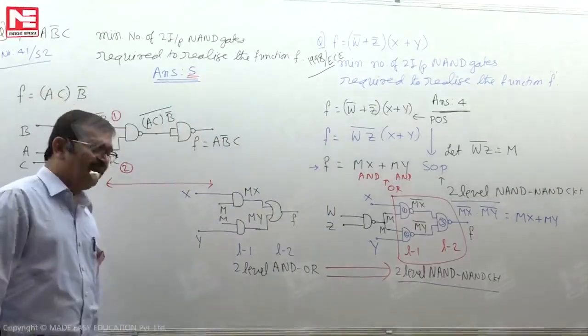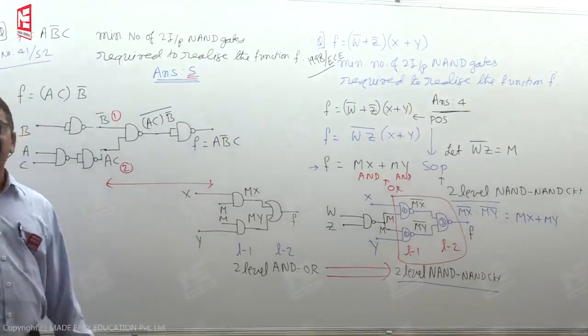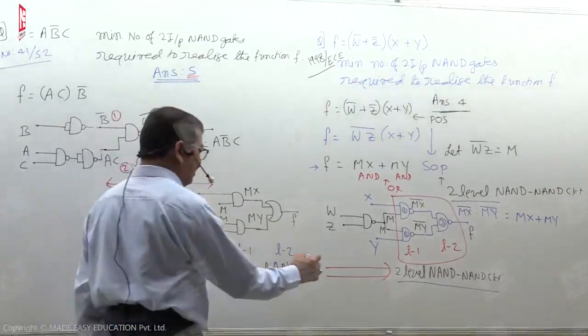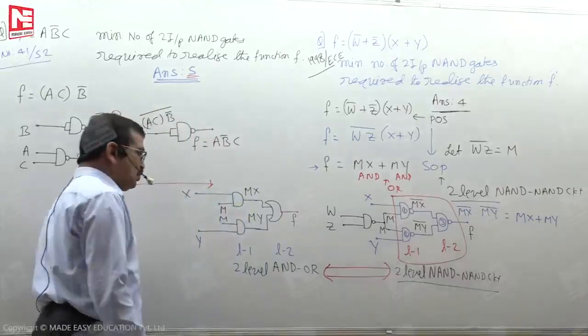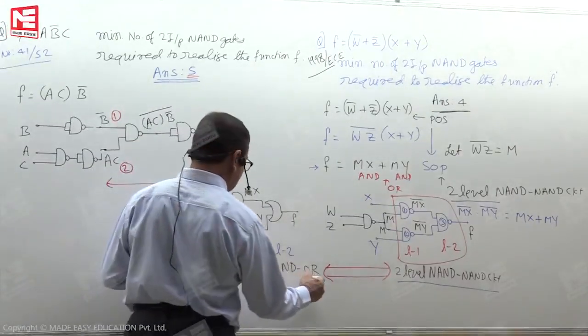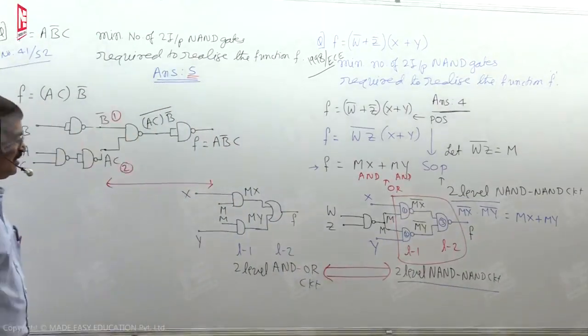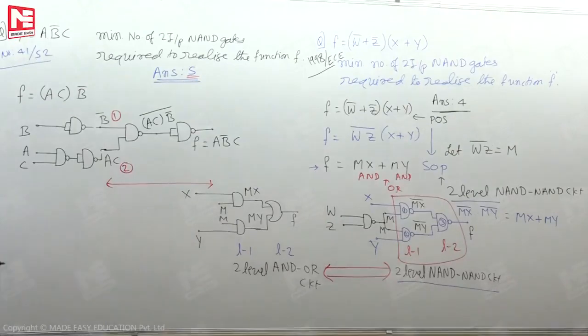A 2-level NAND is equivalent to a 2-level AND-OR circuit. This is the conclusion we have while working on this question.